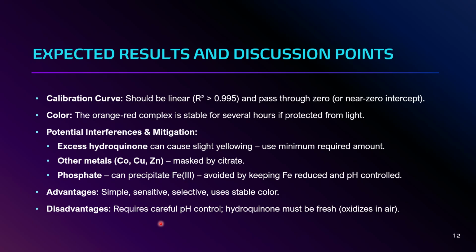It is selective because iron binds selectively with OPT, and it is stable, which means that you can reproduce your results a number of times. The only disadvantage is that it requires careful pH control, and because hydroquinone gets oxidized, it needs to be prepared freshly.